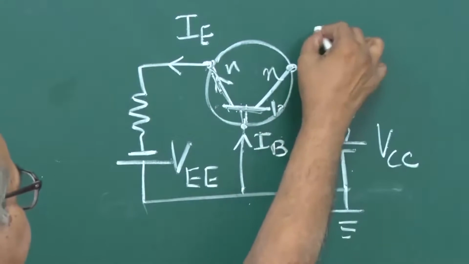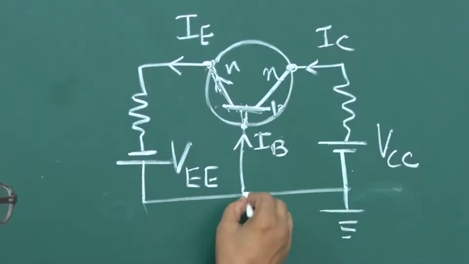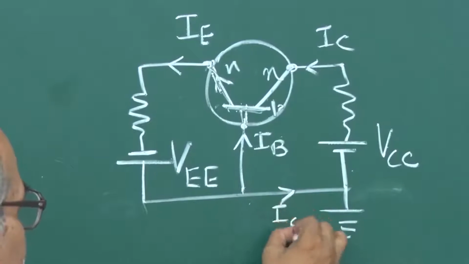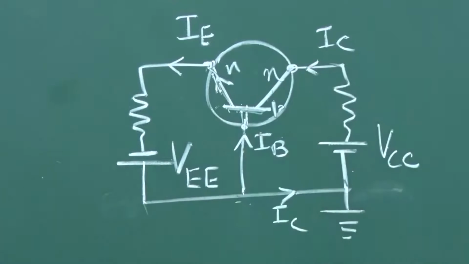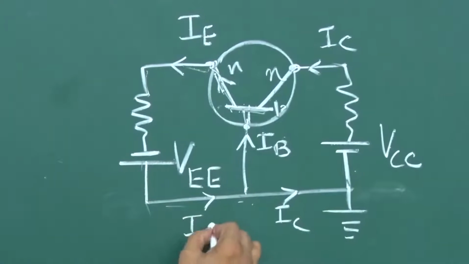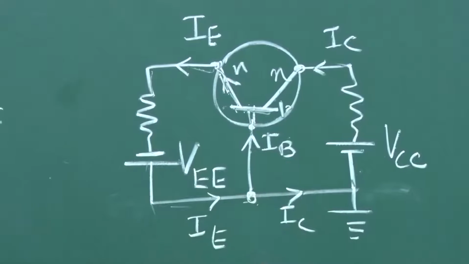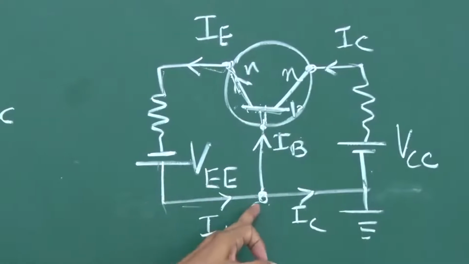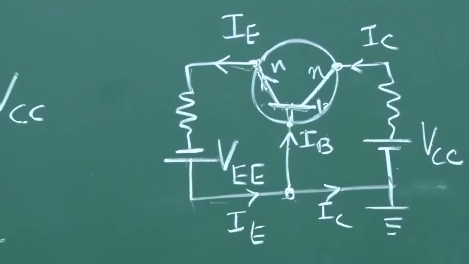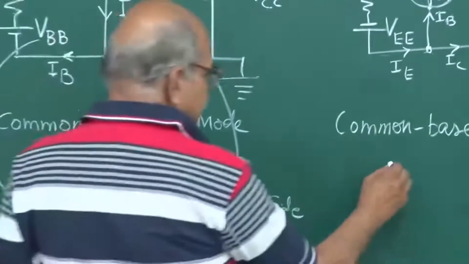So what you see, this IC current must have gone from here, because this is one series and this IE is one series, so this IE will go like this. So once again you can see that IE is equal to IB plus IC.